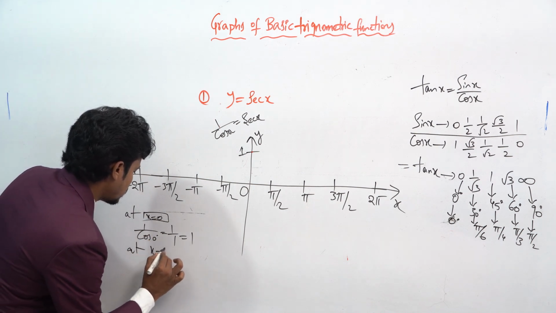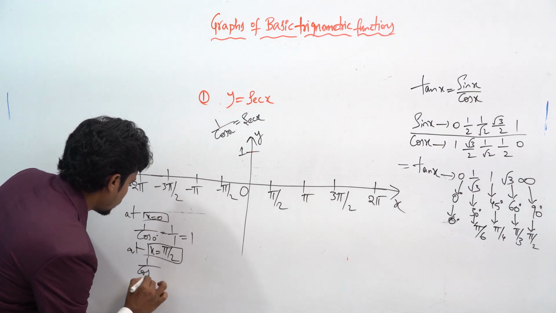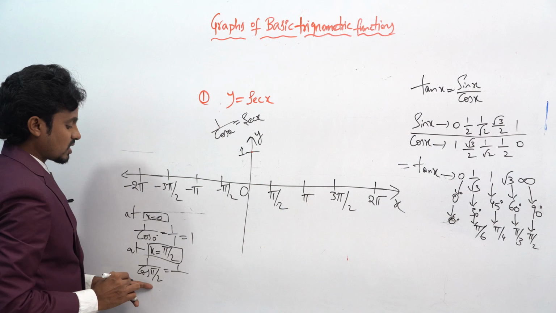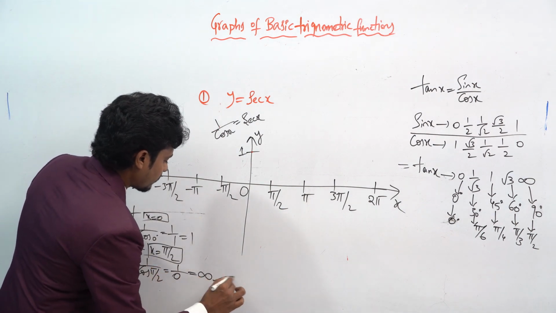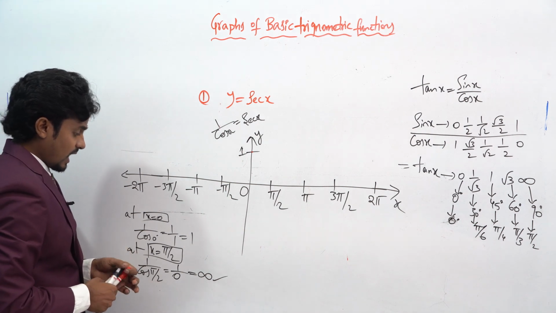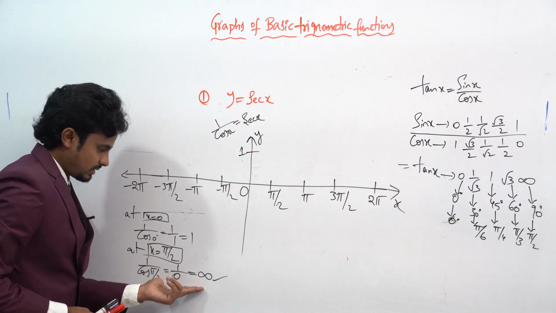At x is equal to pi by 2, 1 divided by cos pi by 2, and cos pi by 2 will be 0. So this will become infinite. That means at pi by 2 it can't be defined, right?